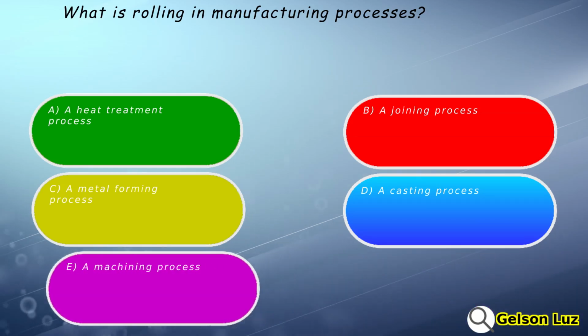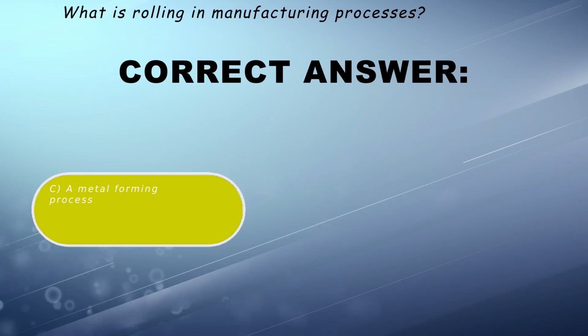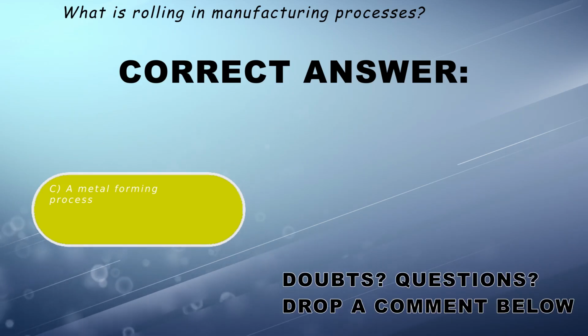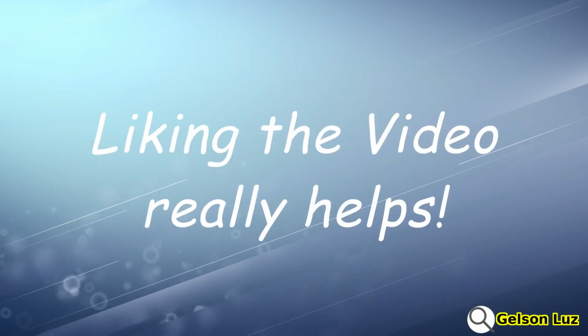E. A machining process. The correct answer is C. A metal forming process.